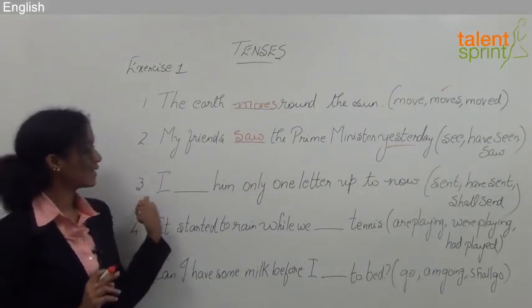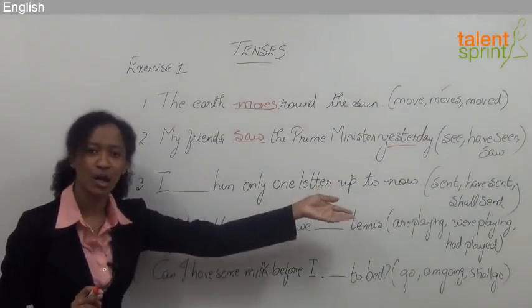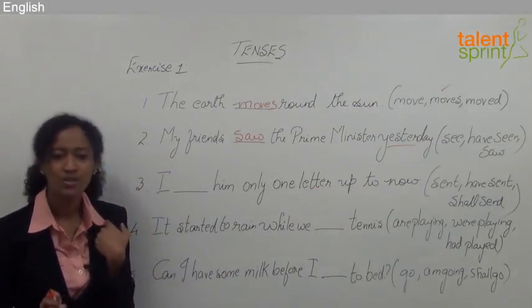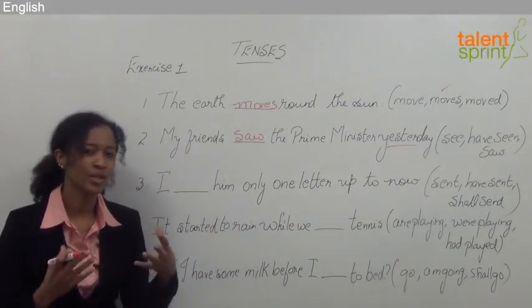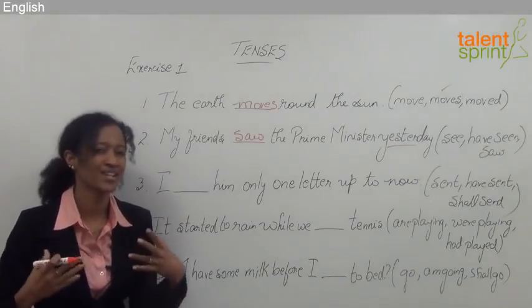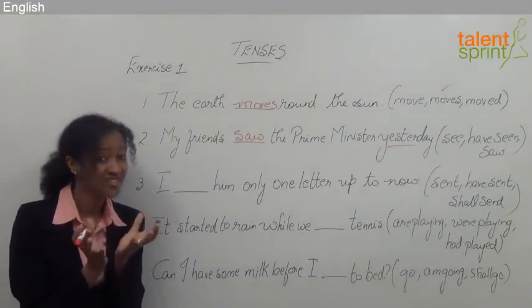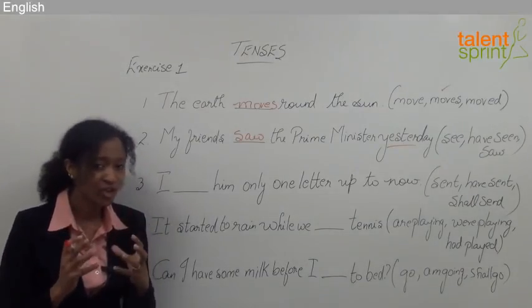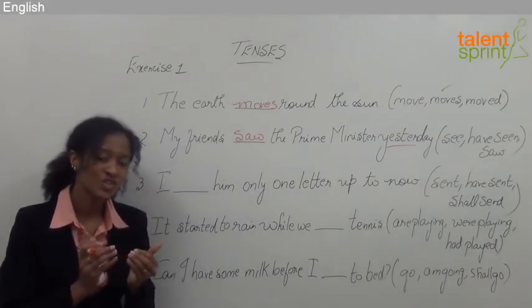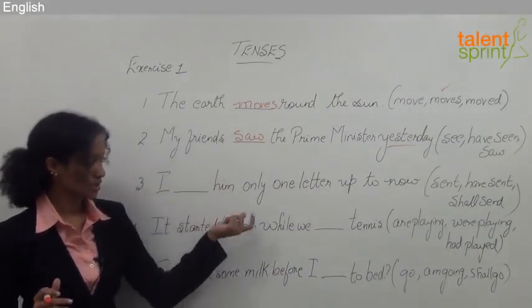Third one, I dash him only 1 letter up to now. So this up to now is again a hint phrase telling me a particular tense. What tense is that? What did I say? The perfect tense is the only tense which shows the completed or perfect state just before the time of reporting. So that is what is in this context.